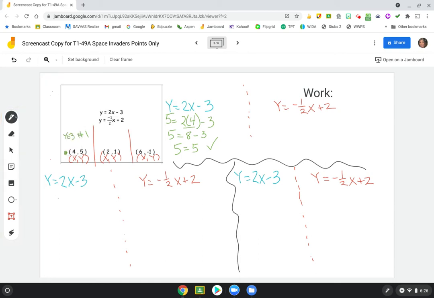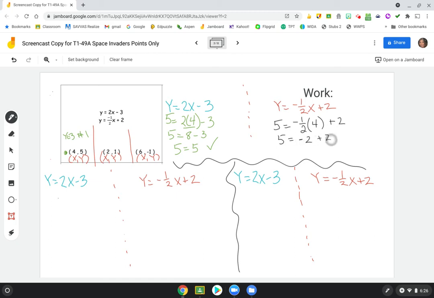So I'm going to go over to the other equation, and put 5 in for y. I have negative 1 half times x, which is 4, plus 2. Half of 4 is 2, and a negative times a positive is a negative, so I have negative 2.